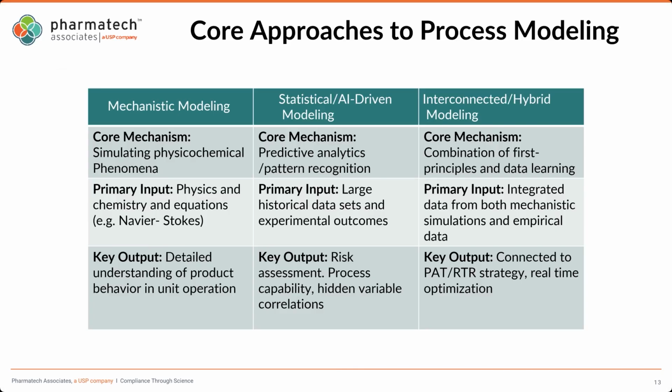And as Bikash mentioned, running a DOE at manufacturing scale is kind of impossible considering the cost, the time, and the amount of material required to collect the data. That's where the statistical and data-driven models fail and cannot be used for scale-up and tech transfer.